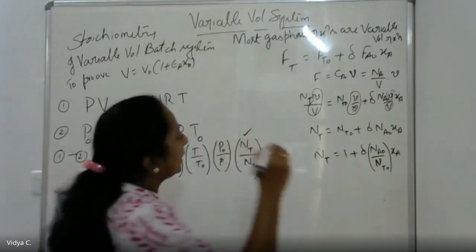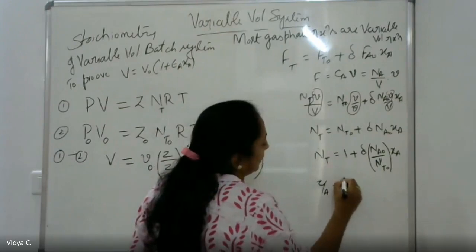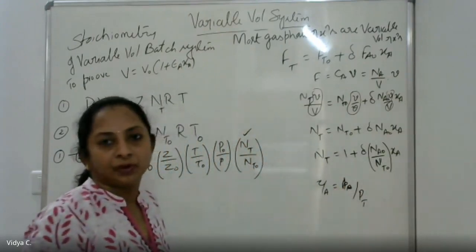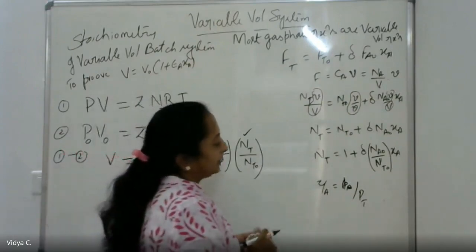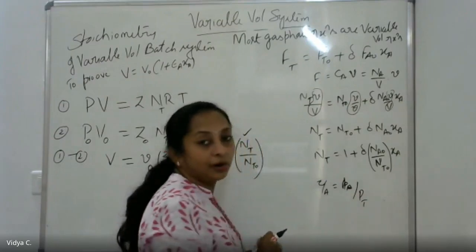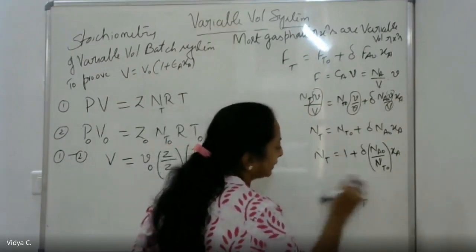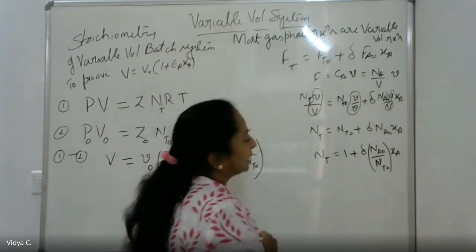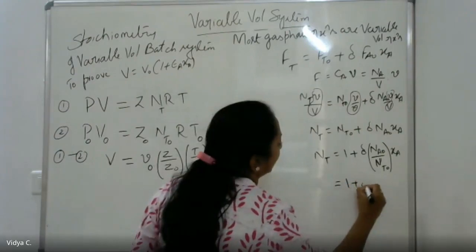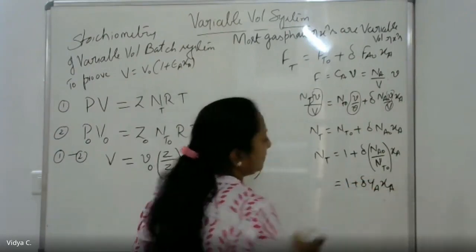You remember YA is equal to PA by P total in your thermodynamics. So for a gaseous phase reaction, it becomes 1 plus delta YA into XA, whereas for the liquid phase reaction we can write it as before.